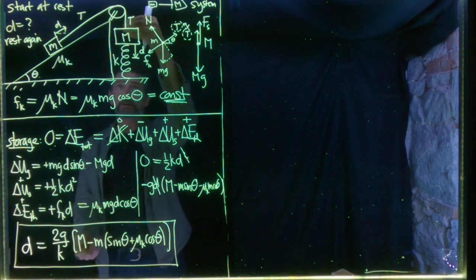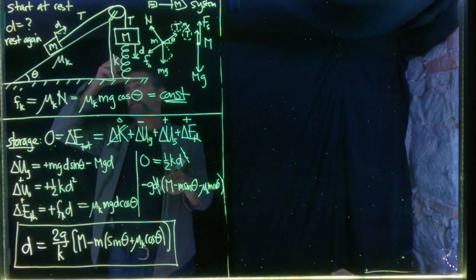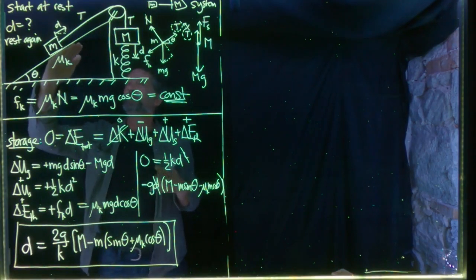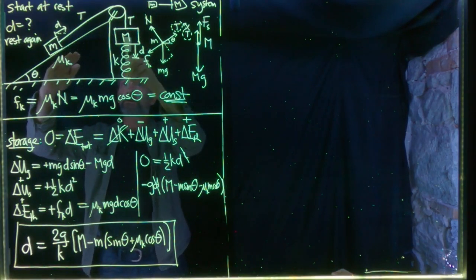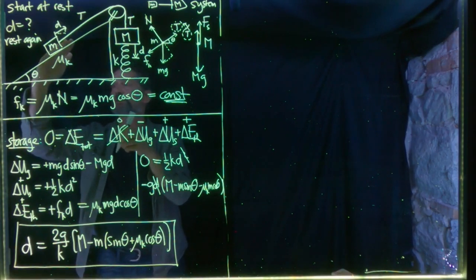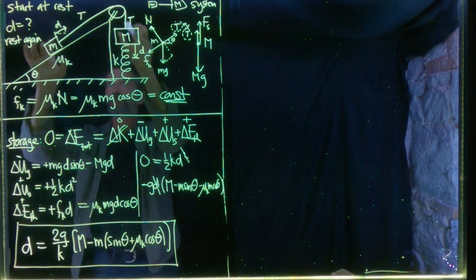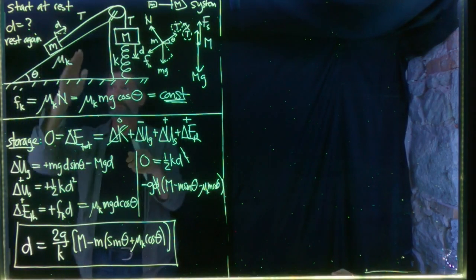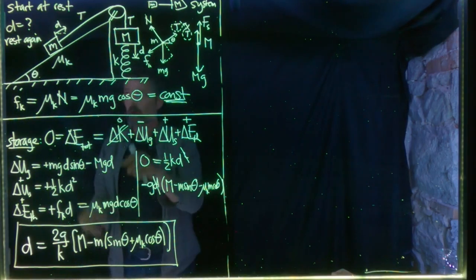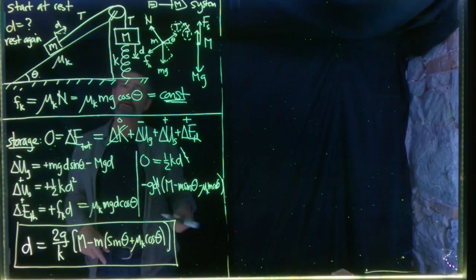Big M needs to be larger than little m sine theta, because there's a gravitational force here, and there's the component of the gravitational force here, which is a weight times sine theta. Goes to 0 when theta goes to 0. And so there's a tug of war here. So even if this is frictionless, in order for this to move this way, you require big M to be bigger than little m sine theta.